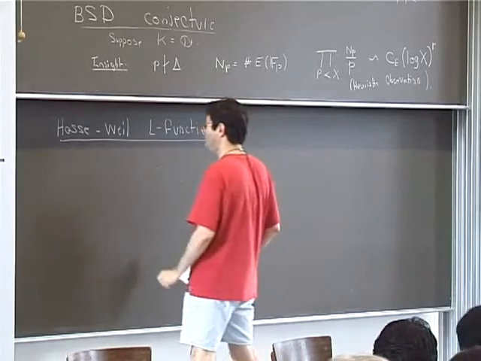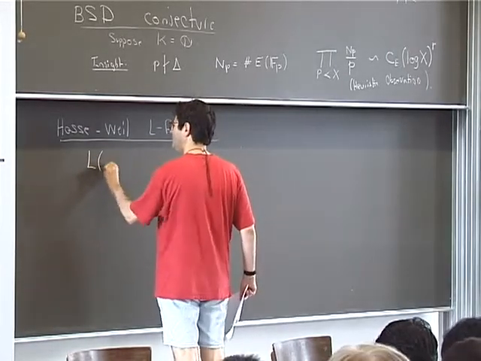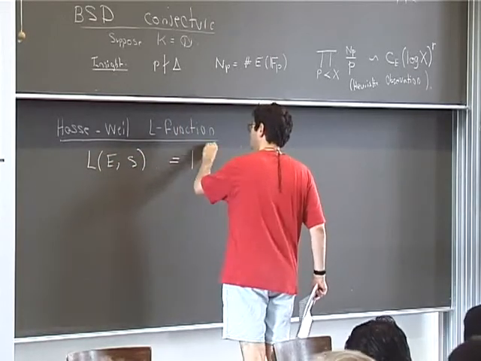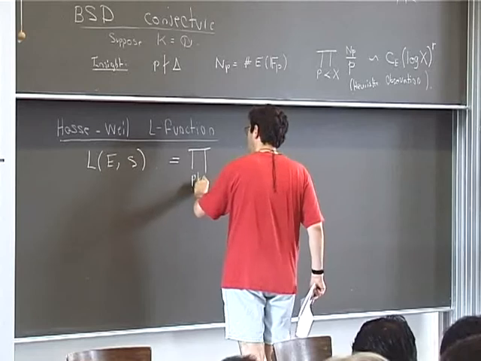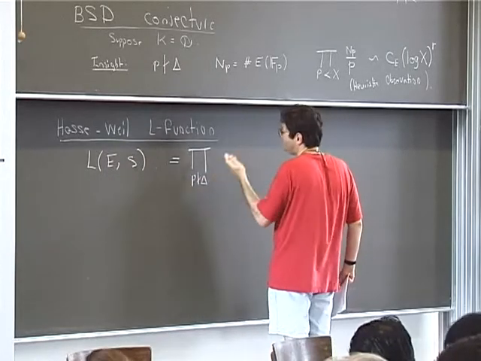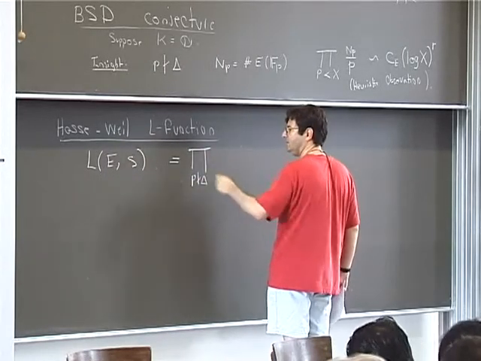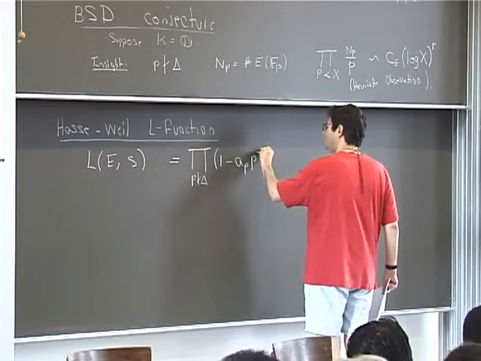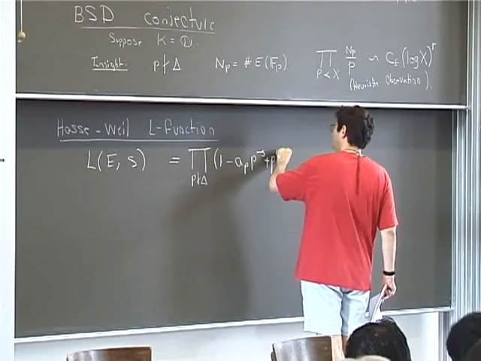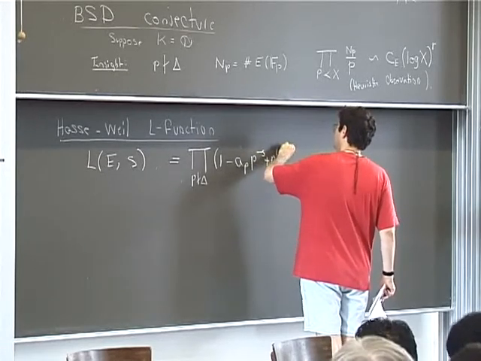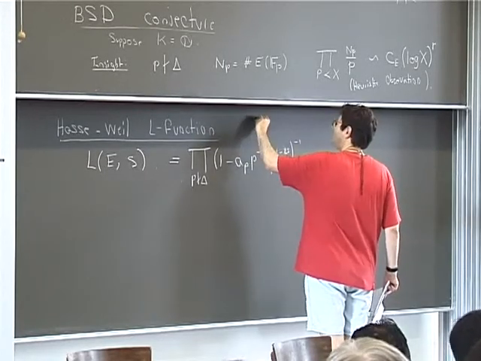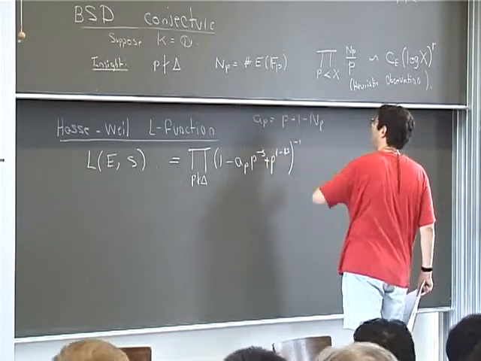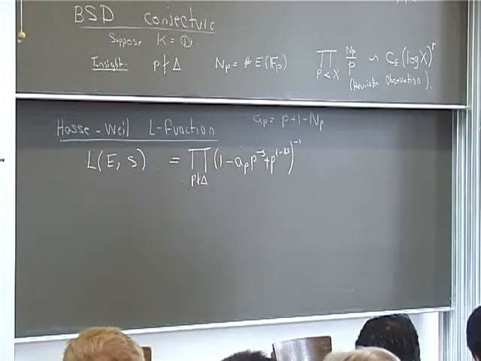The Hasse-Weil L function of the elliptic curve is defined as an Euler product over all the primes not dividing delta. Here delta I'll take to be the minimal discriminant, assuming that E has a minimal form. The factor is (1 minus a_p p^(-s) plus p^(1-2s)) inverse, where a_p is just the discrepancy between the number of points mod p and p plus 1.